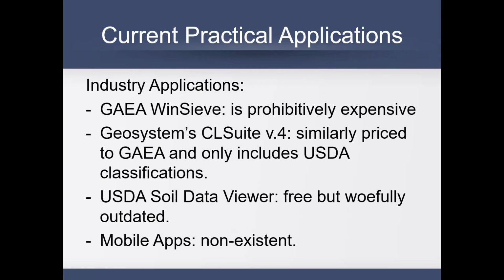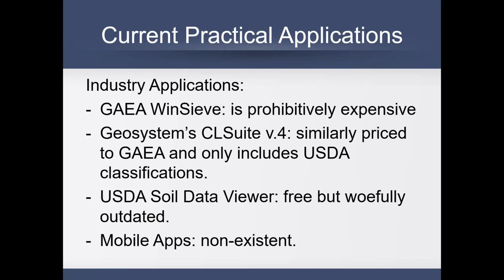So, current practical applications: what applications actually allow someone to classify soil? Well, there's a few. Gaia's WinSev is prohibitively expensive, unfortunately, and very specialized. Geosystems CL Suite is similarly priced to Gaia, and it only includes the USDA classification, so not CSSC.